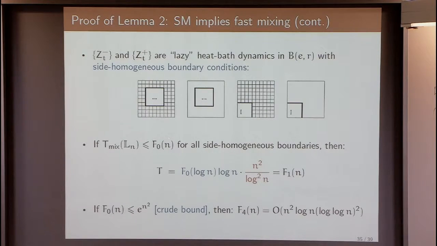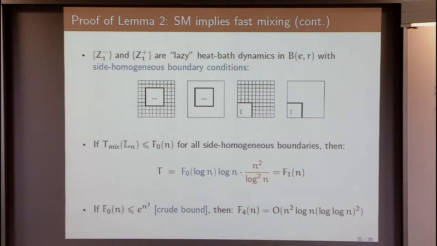In fact, if we are provided with some bound on the mixing time as a function of the side length of the box, we can get a bound on this t by essentially noting that after f_0 log n steps, the C_t minus process will have mixed in this inner box. We go a little bit further to actually get very close to the stationary measure.